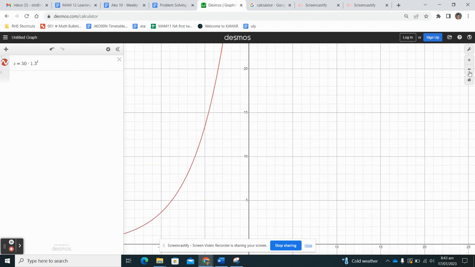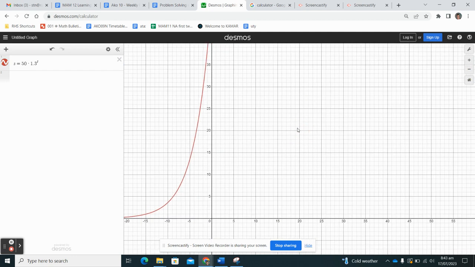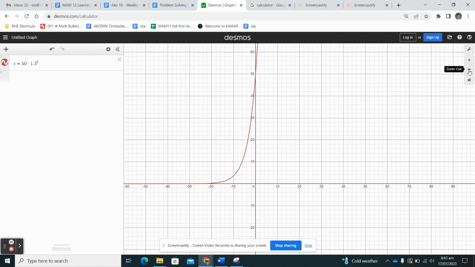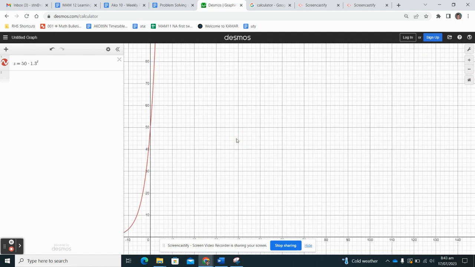Okay, so I'll zoom out. So you can see that that has been graphed for us to begin with. Then you'd put in your next equation, which was S equals 50 plus 40t.